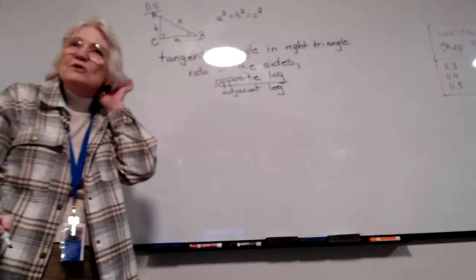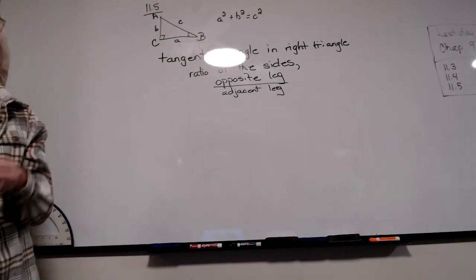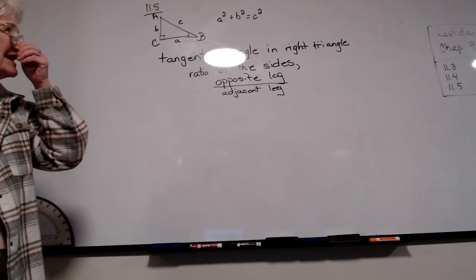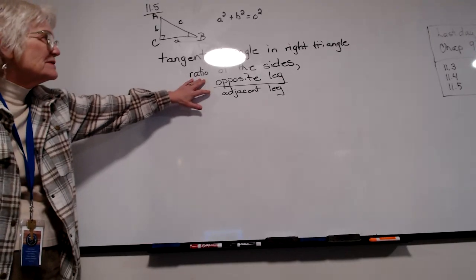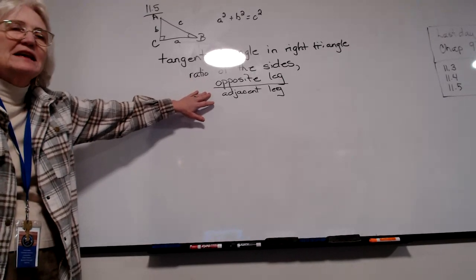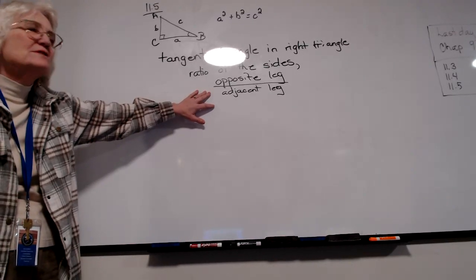So if I put into my calculator tangent of 30 degrees, it's going to give me the ratio in decimal form of the opposite leg over the adjacent leg in that right triangle. So that's what it's really giving me.